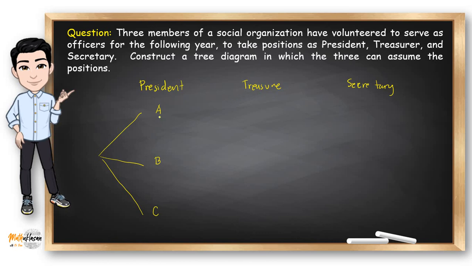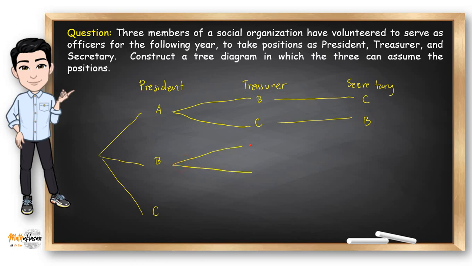Okay, so if person A becomes the president, either B or C can be the next treasurer. So what if B became the treasurer? Then of course, C here will become the secretary. So another event is that C will become the treasurer and then B will become the secretary.